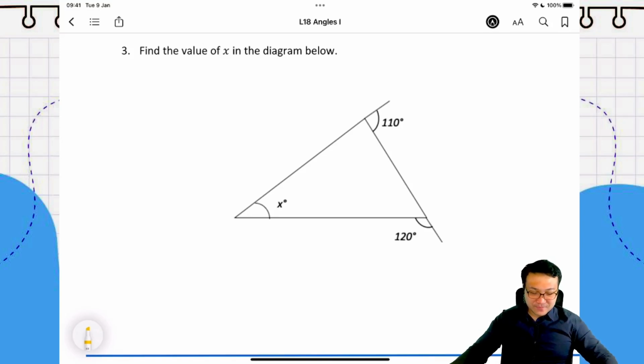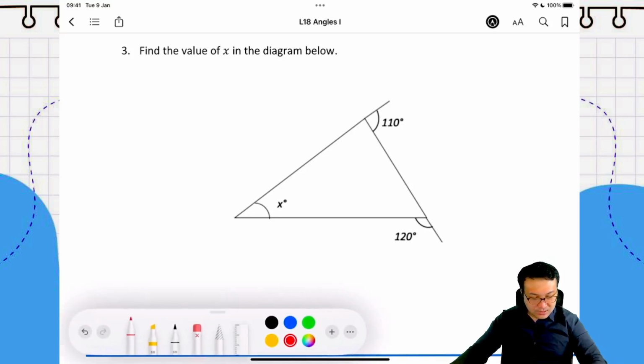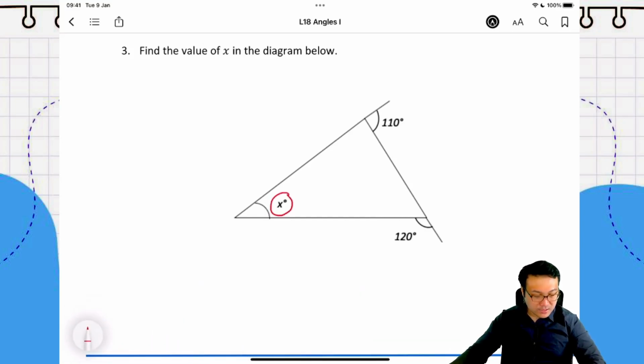Okay, Embriel, let's try to do question 3 together, shall we? Now, Embriel, there are two ways. In order to find angle x, are you going to use the total sum of angles in a triangle? What is the total sum of angles in a triangle? 180. Yes. So if I can find this angle and this angle, then I can just take 180 minus A minus B, then I can find angle x.